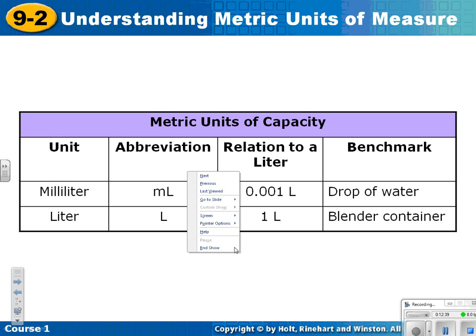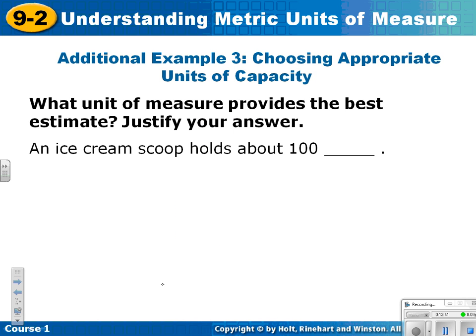So, an ice cream scoop holds about 100 liters or milliliters? Milliliters. If it was liters, it would be like 100 water bottles. That is a huge scoop of ice cream, okay? Although 100 drops of water is like a diet-sized scoop of ice cream.